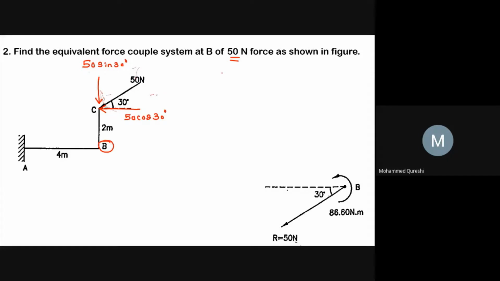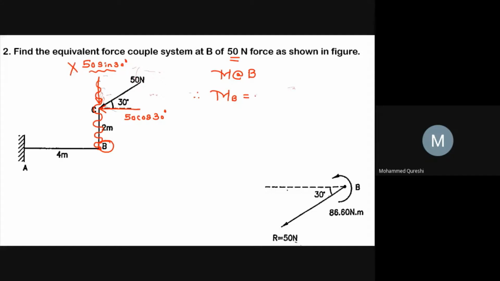So first of all, let us take the moment about point B. Therefore, MB equals to, now look over here also. This 50 sin 30 is on the same line of action from where we are taking our moment. Hence, this 50 sin 30 will be neglected due to its same line of action.